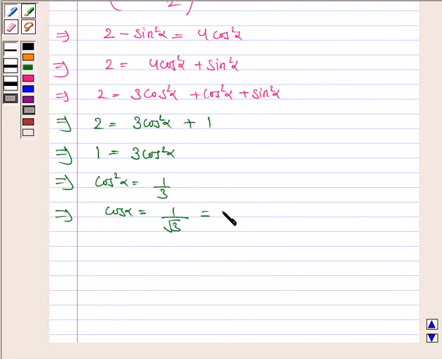Now cos alpha is given by base upon hypotenuse. So in the right triangle, here base is 1 and hypotenuse is root 3. Now we can easily find out the perpendicular.